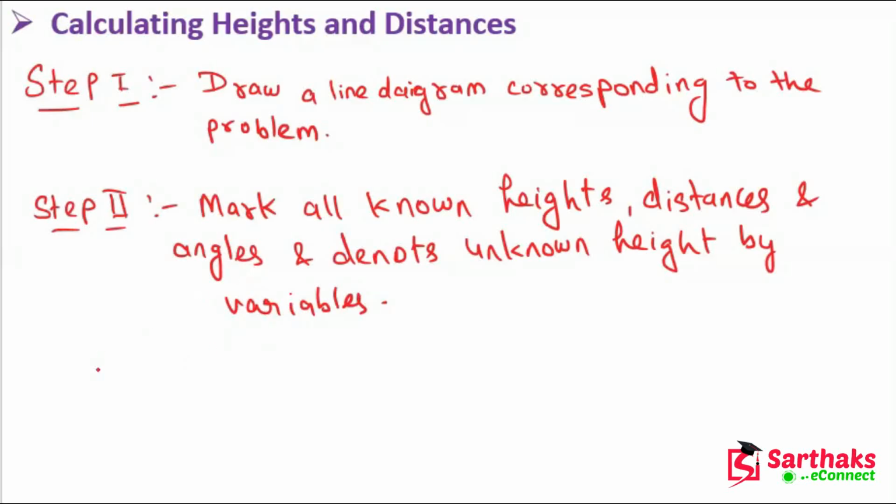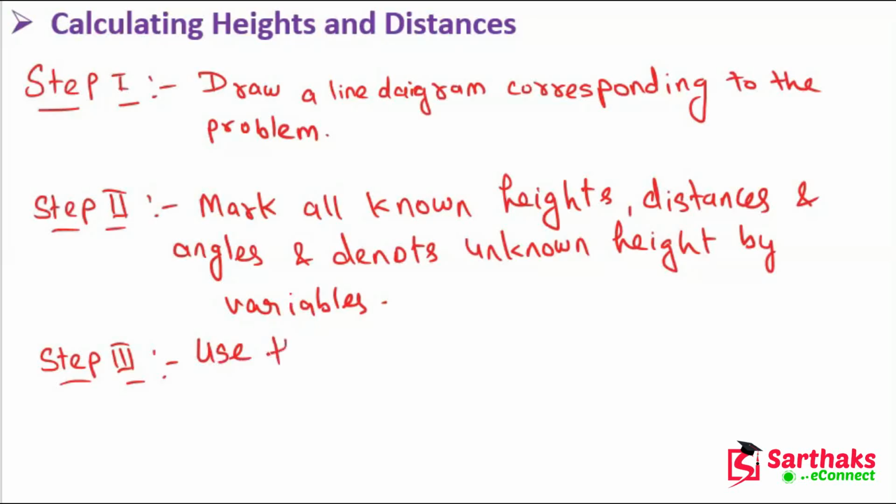Okay, my dear friends, and the last step, number 3, is to use the values of various trigonometric ratios of the angles to obtain the unknown lengths from the known lengths. Means in this case we have to use the trigonometric ratios to obtain the unknown values with the help of known values.